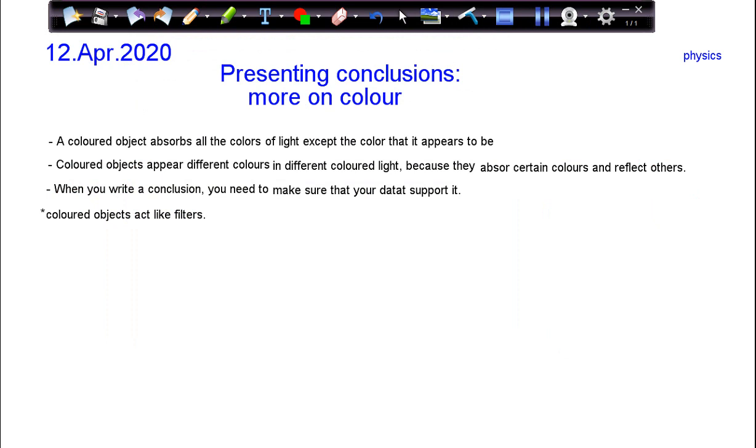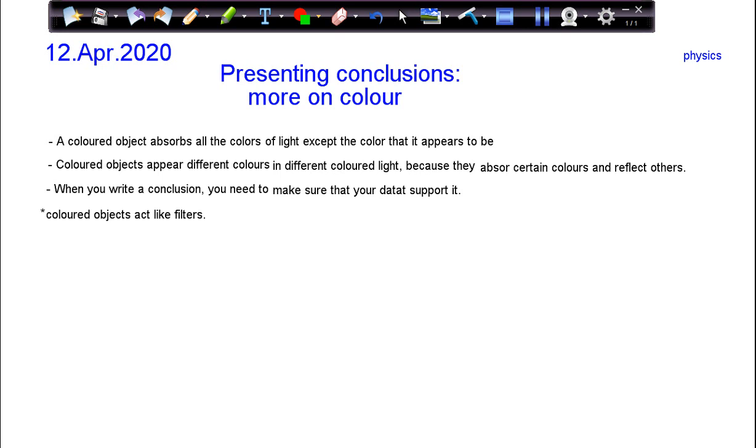So now let's go to the summary of the lesson. Presenting conclusions, more on colors. A colored object absorbs all the colors of light except the color that it appears to be. Like the red fabric, it will absorb all the colors except the red one. Colored objects appear different colors in different colored light because they absorb certain colors and reflect others.